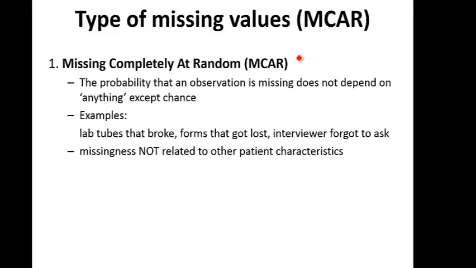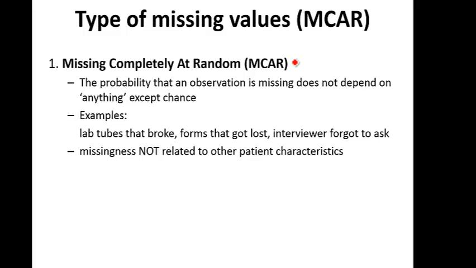Missing completely at random. The definition of MCAR is as follows: the probability that an observation is missing does not depend on anything except chance. For example, you are carrying lab tubes, you step on something and drop the tubes on the floor, and some tubes you lose and some tubes are okay.